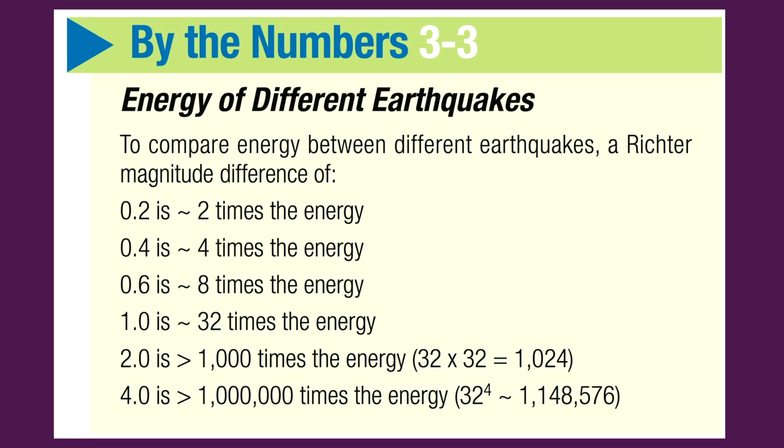Now, again the energy release. If you compare different earthquakes, a Richter magnitude difference of 0.2 is around 2 times the energy, 0.4 is around 4 times the energy, and so on. Okay. So if you have 2 magnitude units, it is greater than 1000 times the energy, almost 32 into 32, so you have a pretty large amount of energy which will be released. Okay.